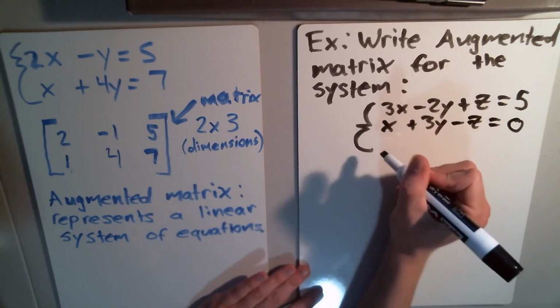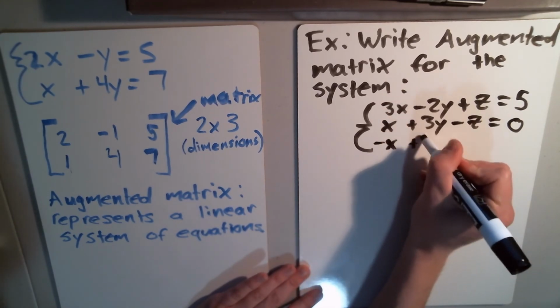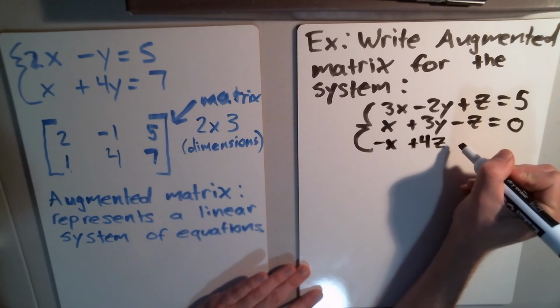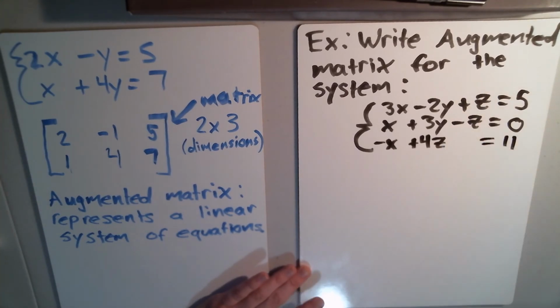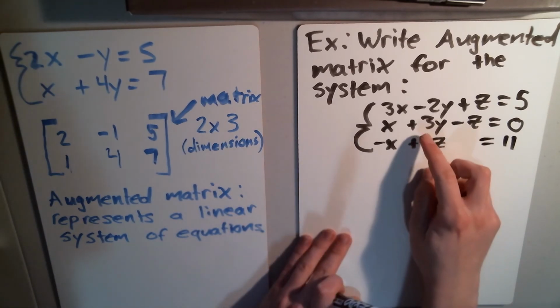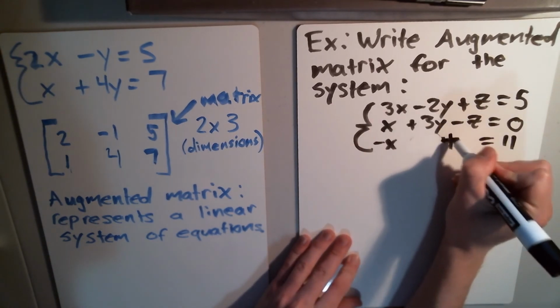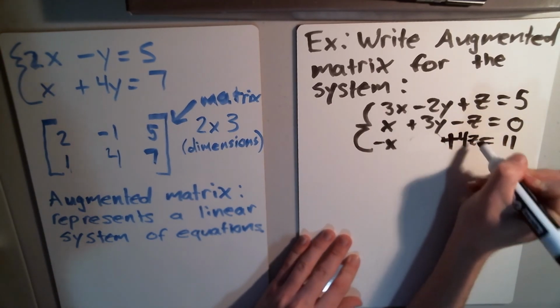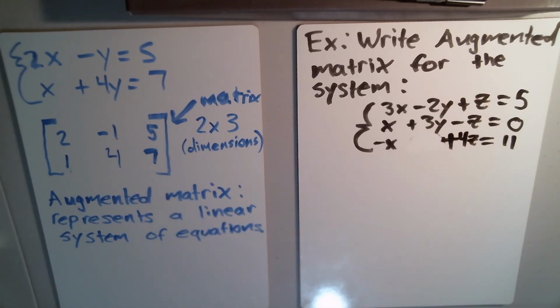And then negative x plus 4z is equal to 11. Okay? And I'm going to rewrite this so that it's closer to the other z's. Okay, plus 4z. So I just made it so all my z's were lining up in this equation. And they normally will do that in the book as well.